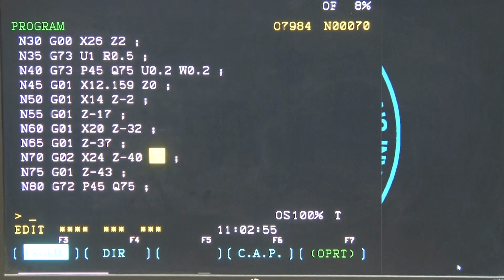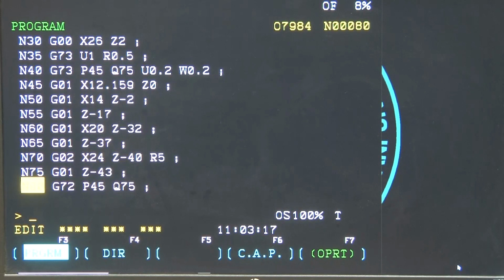Next is N75. Again we come to linear interpolation, and the coordinate is given as Z minus 43. So, in the minus direction along the Z axis, that is, along the axis of the workpiece, it has to move by 43 units.